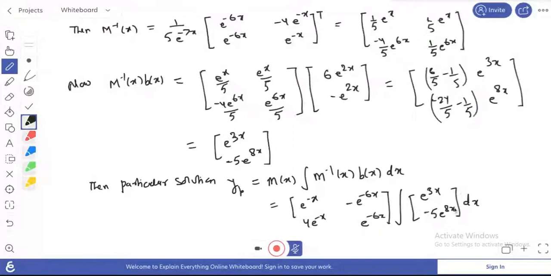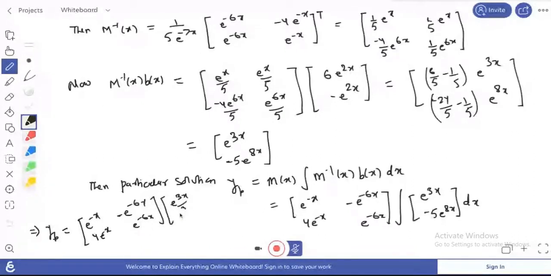Okay, so you multiply that, so this implies yp equals e to the power minus x, e to the power minus x, 4 e to the power minus x, and here minus e to the power minus 6x, multiplied by e to the power 3x by 3, and here minus 5 by 8 e to the power 8x.